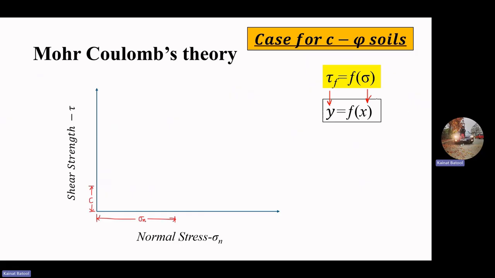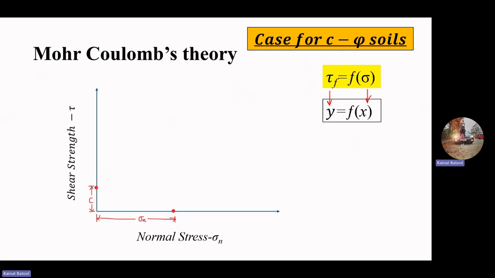So according to this function, what happens when sigma n increases in this direction is that the tau value should increase in a linear pattern. So after this point, as per this function, when sigma n increases in this direction, the tau value should increase linearly with sigma n.